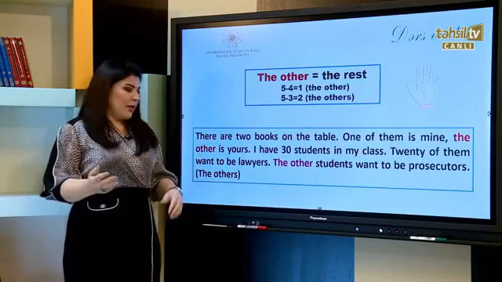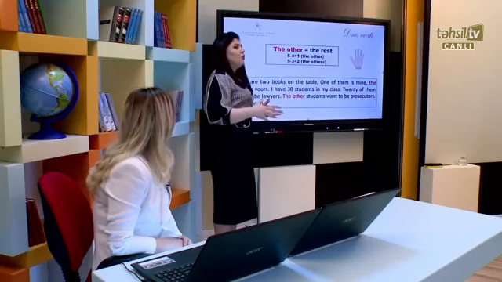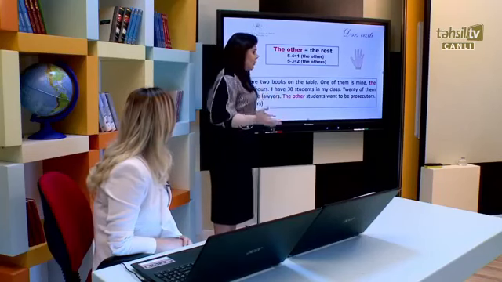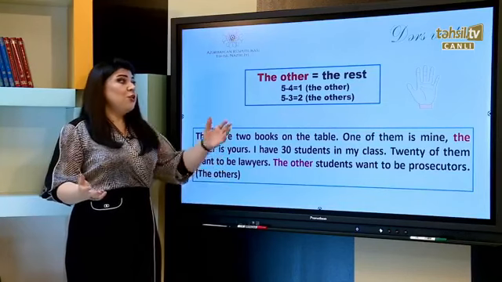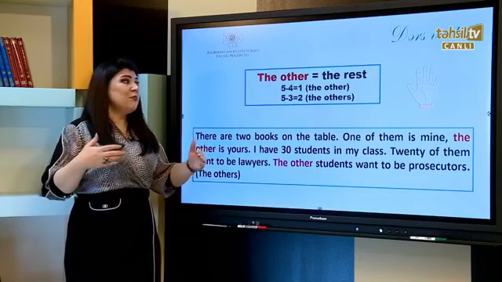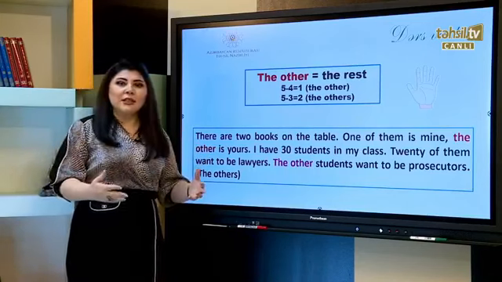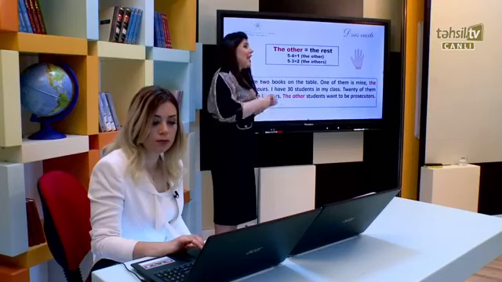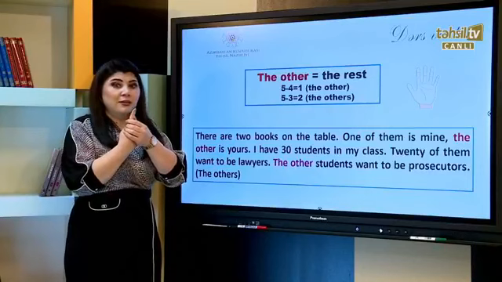Or I can say, I've got 5 friends, they live abroad. 3 of my friends live in the United States of America. And for example, 2 of them, yes, I mean, live in Russia. Or for example, I've got 5 friends, 4 of my friends live in the United States, and the rest, I mean the 1, okay?